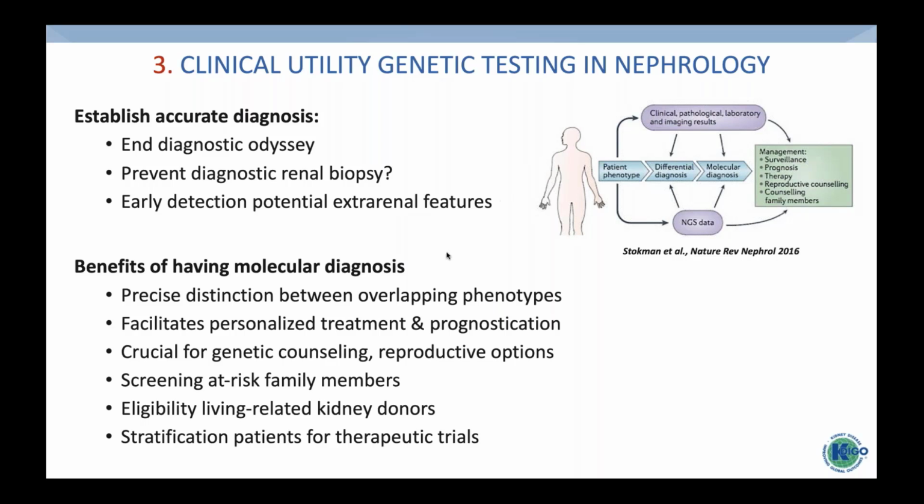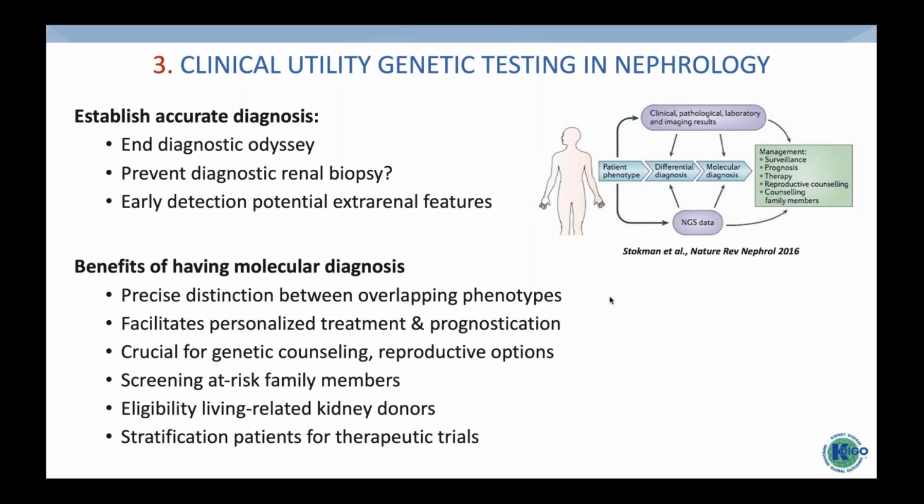Once you have a molecular diagnosis, there are also benefits. Again, because there might be a precise distinction between overlapping phenotypes, it might facilitate personalized management and defining the prognosis. It is, of course, very crucial for genetic counseling and offering of potential reproductive options.